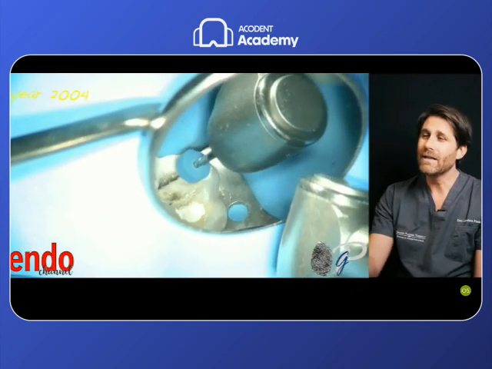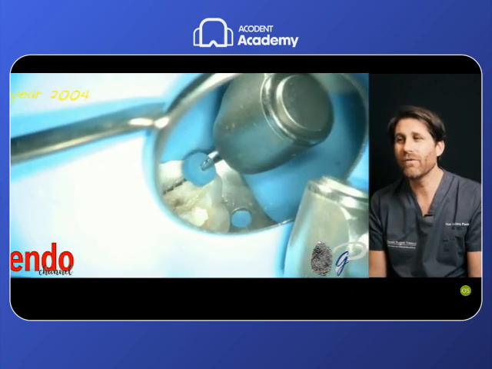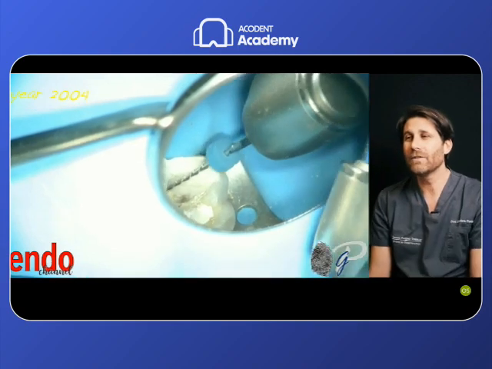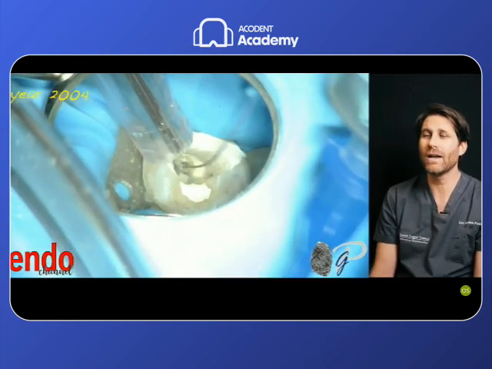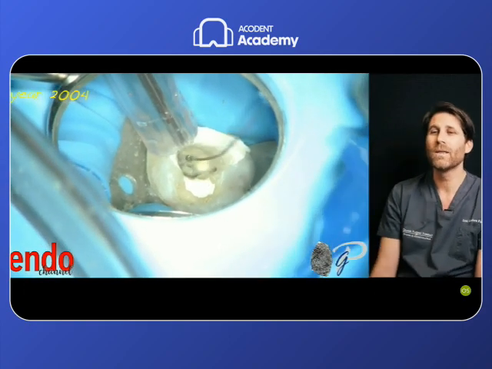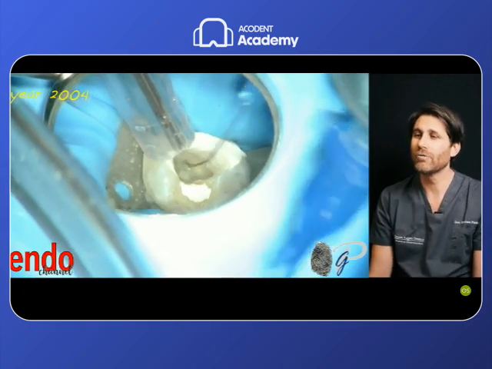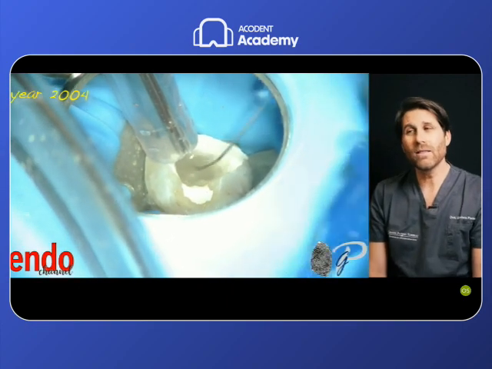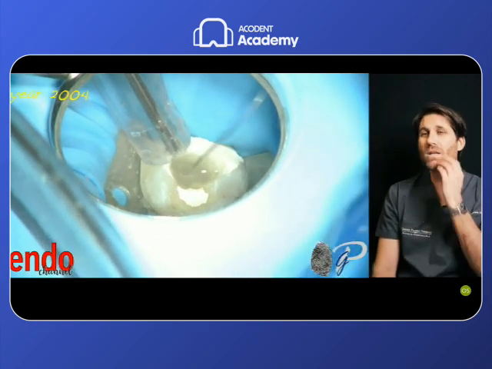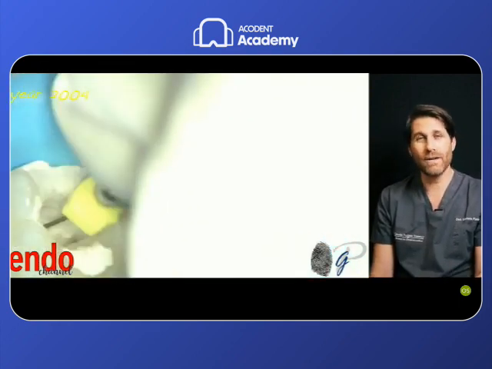But the effectiveness, the flexibility and the safety of this file permitted me, also in rotation, to reach the working length in such difficult canals, because we had no alternatives at that time. So we started to adapt the original techniques to our needs.